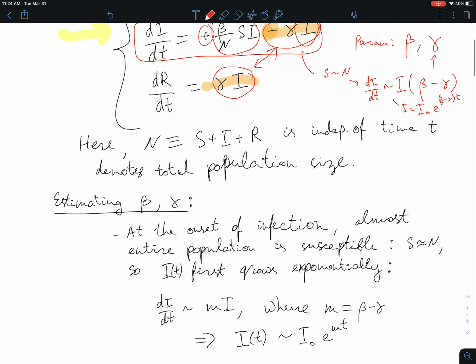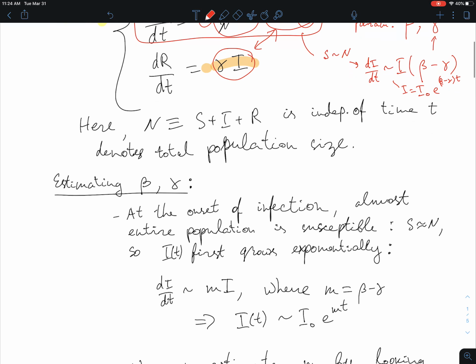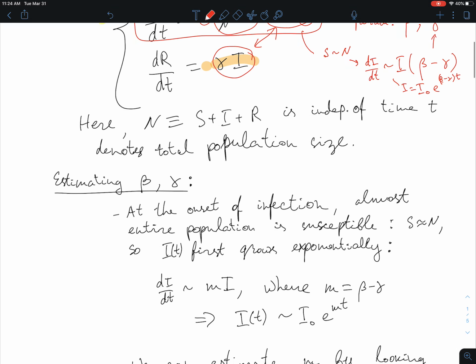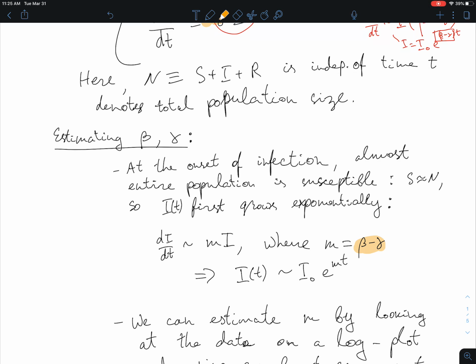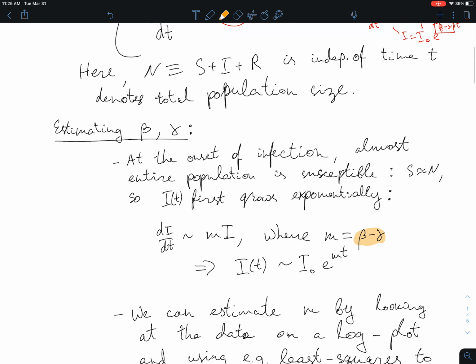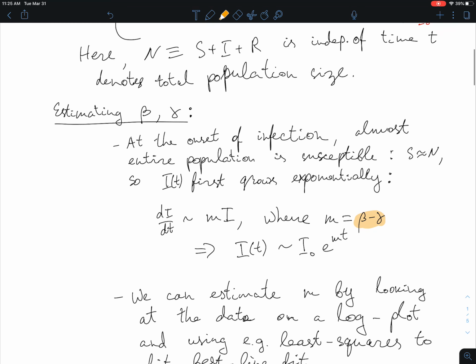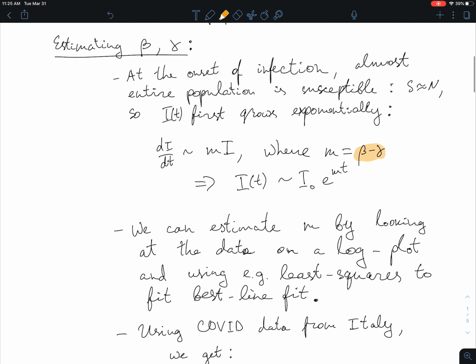So if we look at how it grows exponentially at the onset, we can compute this coefficient, beta minus gamma, essentially by plotting the data on a log graph.